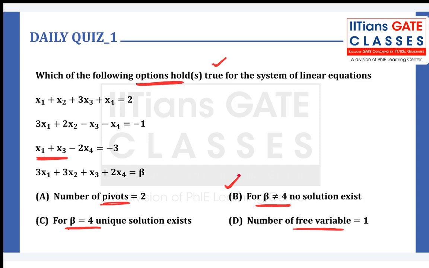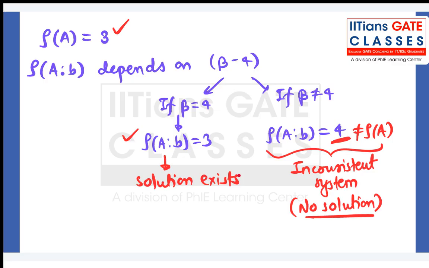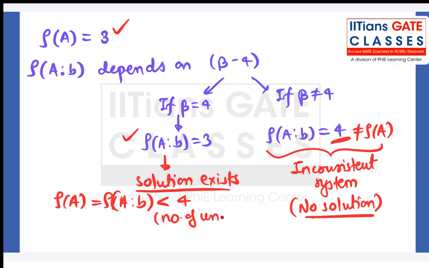They're asking if beta is equal to 4, a unique solution exists. Okay. So now there is a next question. See, if the ranks are same, then we can just say that a solution exists. But since the rank of A as well as the rank of the augmented matrix AB is less than 4, which is the number of unknowns, this is the case of infinite solutions.